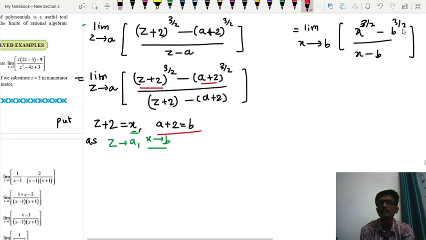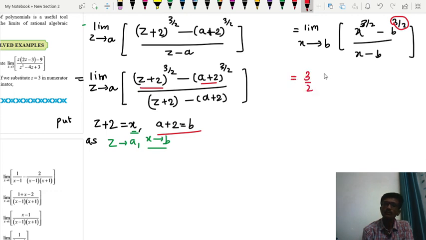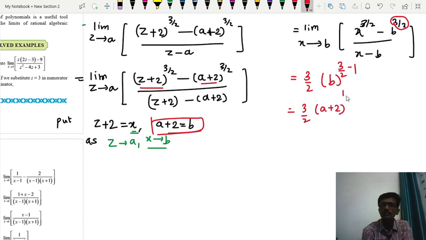We have here n equal to 3 by 2, so it is 3 by 2 into b raised to power 3 by 2 minus 1. Since b is a plus 2, and 3 by 2 minus 1 is 1 by 2, the answer is 3 by 2 root of a plus 2.